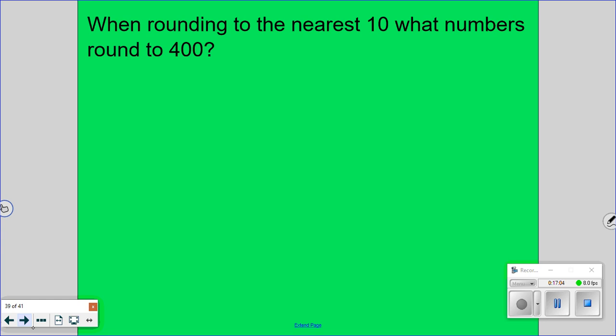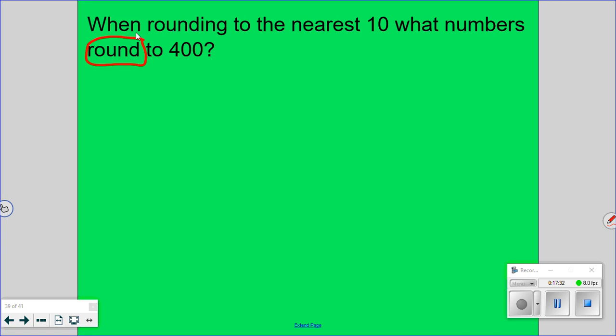All right, so I want you to circle the word round. Because this question is easier if we remember what we're doing when we round. The whole point of rounding is to get close to a number. The number 8 is pretty close to 10.